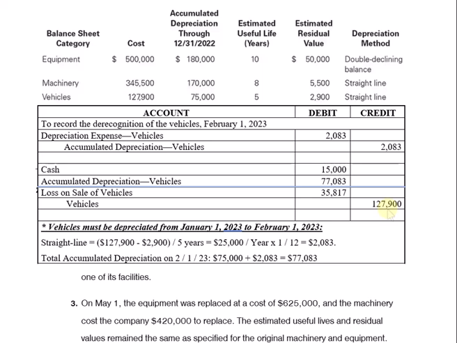And then the difference represents a loss, since essentially the cash we received is less than the book value. Book value would be vehicles less the accumulated depreciation. The difference results in a loss. If we received more cash than the book value, we would have had a gain.